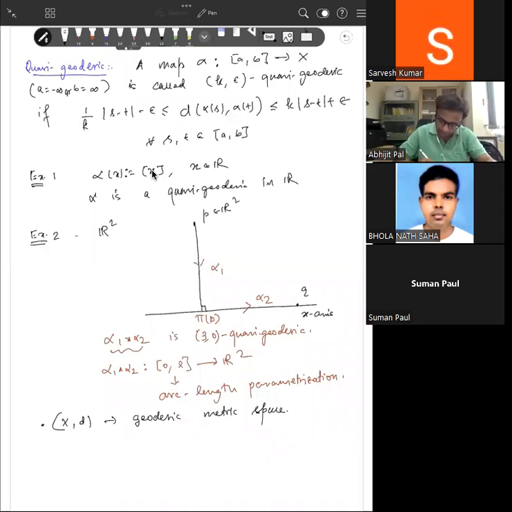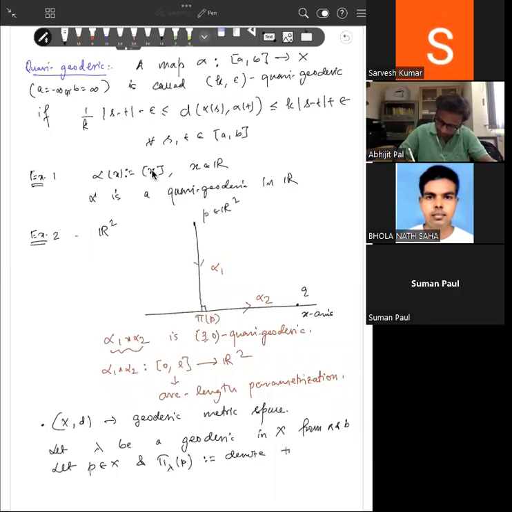Let us take a geodesic. Let lambda be a geodesic in X from A to B. Let P belong to X, and pi lambda of P denotes a nearest point projection of P onto lambda.